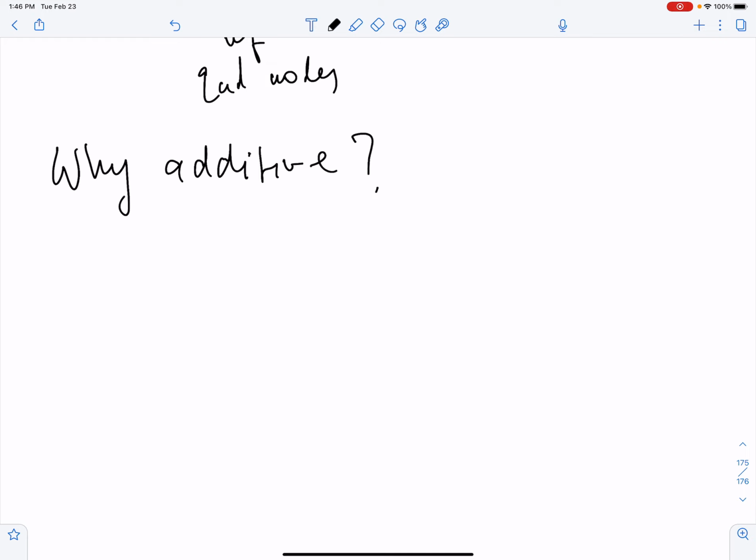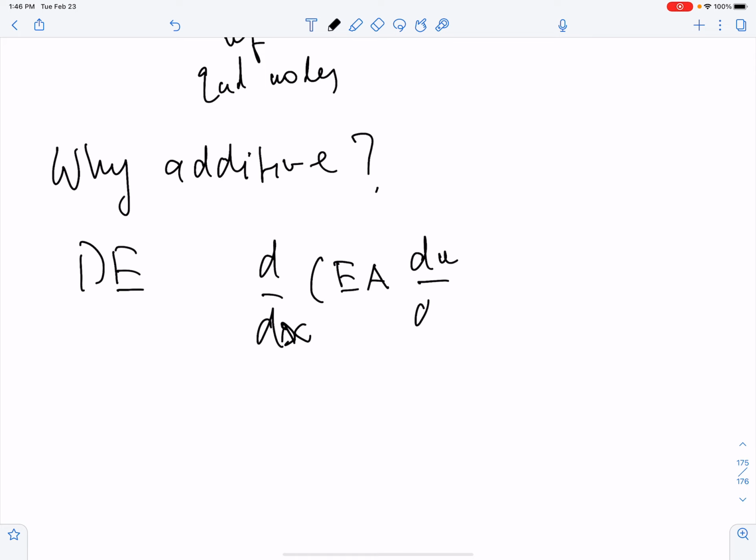Well, this goes back to the differential equation, okay? Your differential equation, if you recall, is this, d dx EA du dx equals to minus w of x, okay?